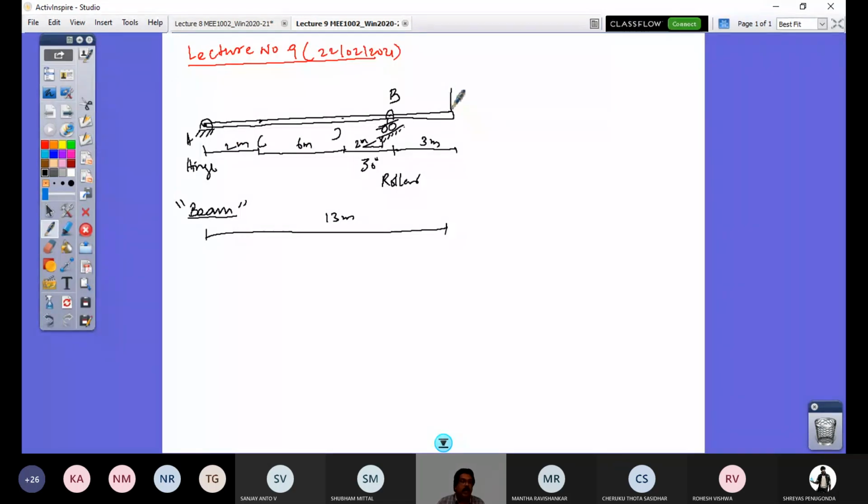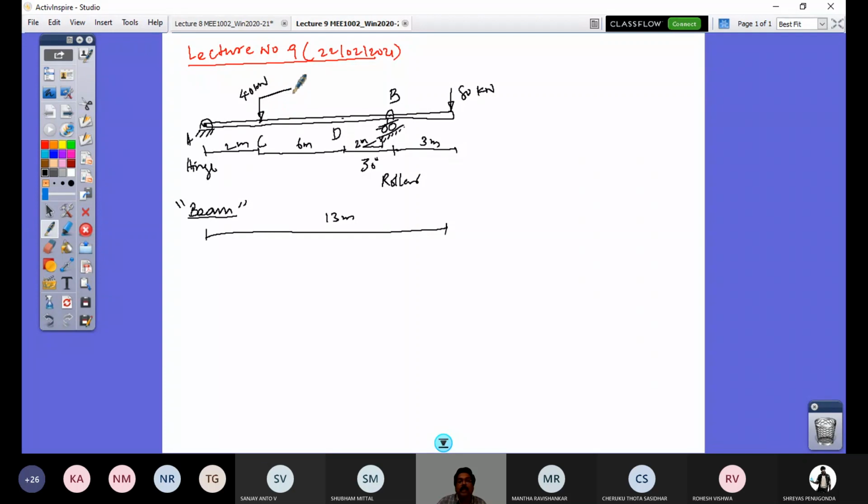I also have a load in the span CD, running from C to D, but the load is a distributed load, and that load is not uniformly distributed. At point C the load value is 40 kilonewton per meter, and it is varying per unit length this way.